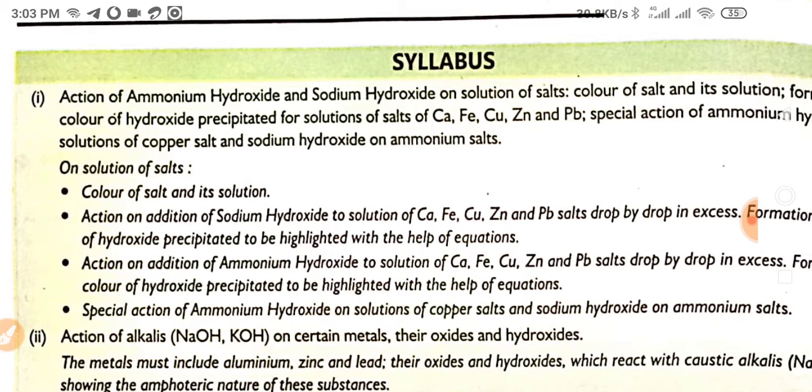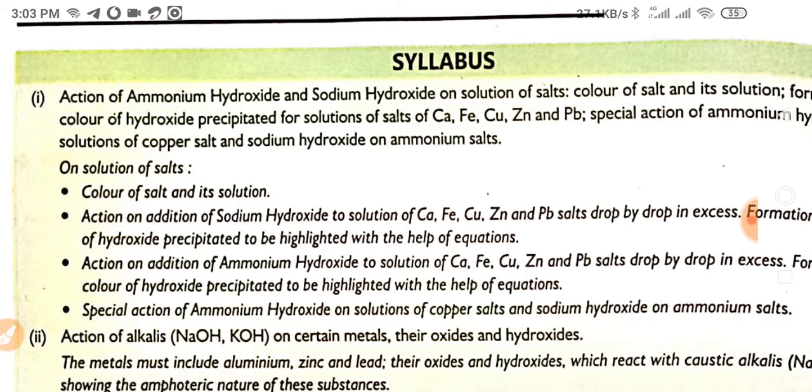So you can see, in previous chapters you already read about salts, how they are prepared, and their chemical and physical properties. As you move on from chapter to chapter, you always find new things about any compound you read.